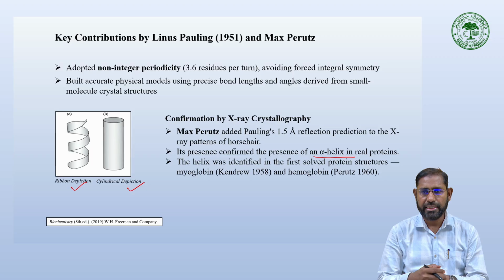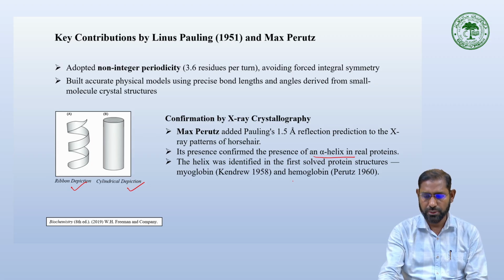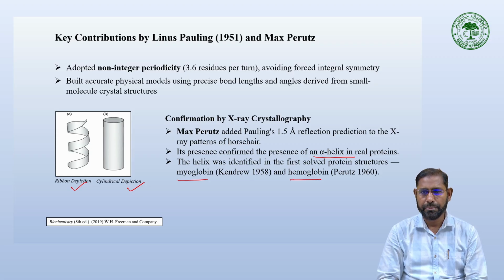The helix was identified in the first solved structure, myoglobin, in 1958 by Kendrew, then in 1960 by Perutz in hemoglobin. So first myoglobin, then hemoglobin. They resolved the structures of these helical proteins.